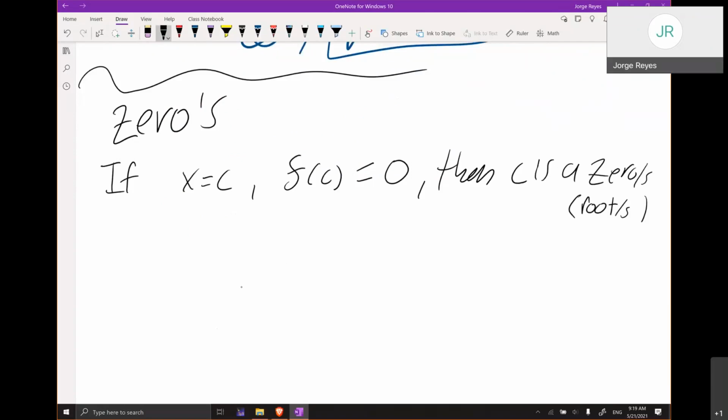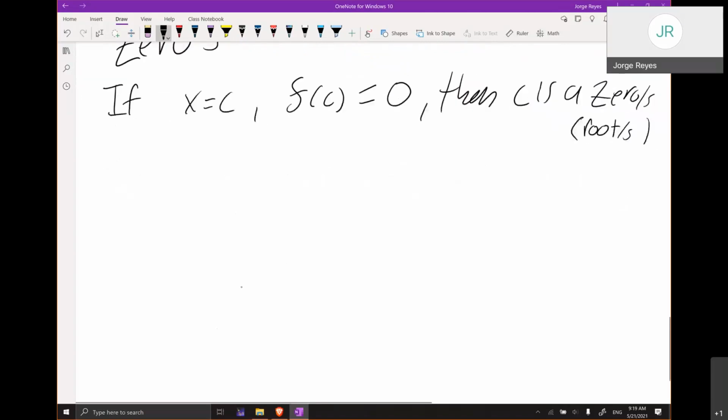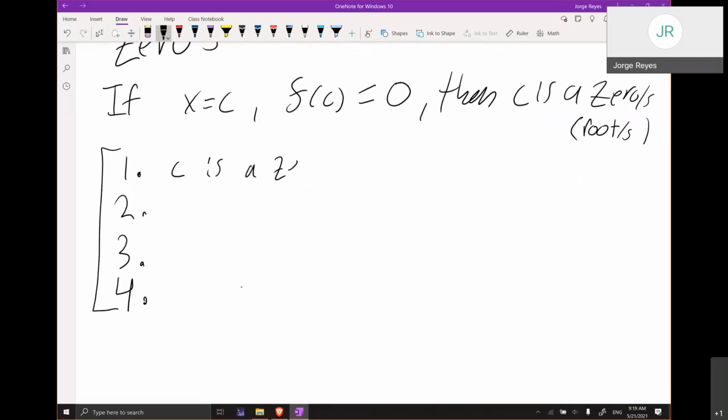All right, so there are many different names and many different ways to answer the same question. So I'm going to write down four basically the same sentences. You can say C is a 0, which makes total sense.